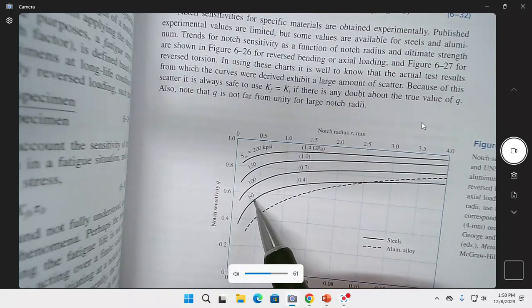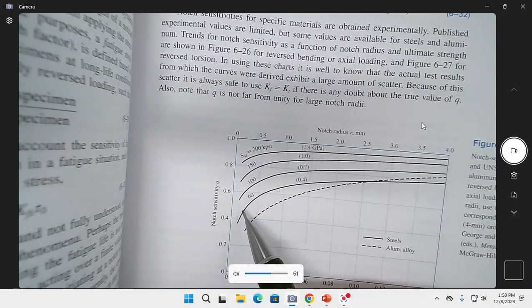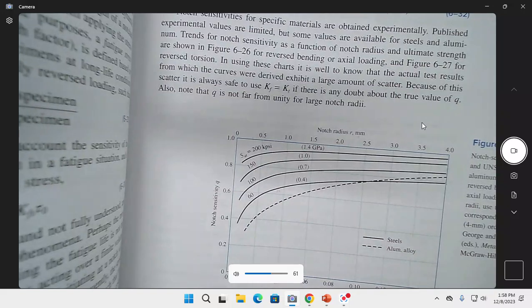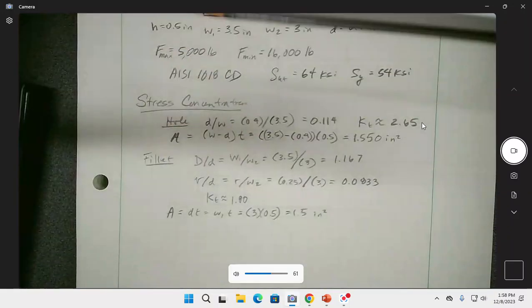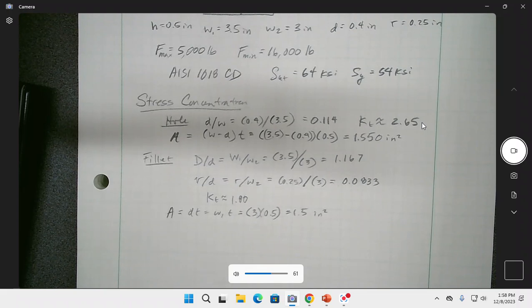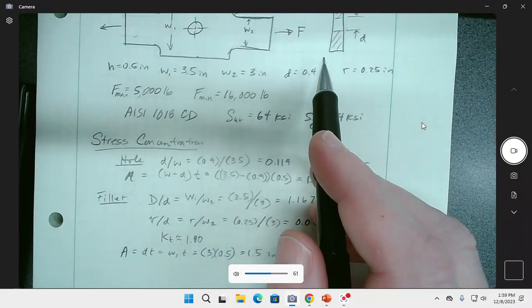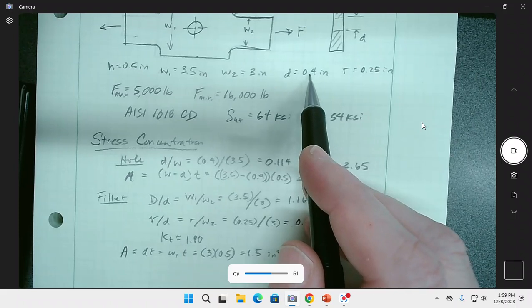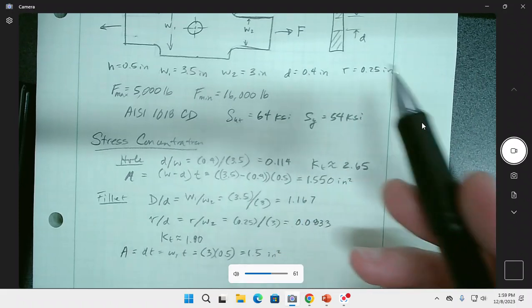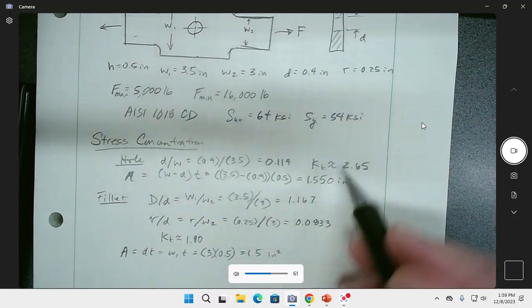This is the one we want, and we had the ultimate strength of 64, so it's close to the 60. And our notch radius, there can really be two separate ones. No, they're the same, right? No, that's not true. The diameter is 0.4, so it's got a radius of 0.2. So we might want to stick that back up in there.